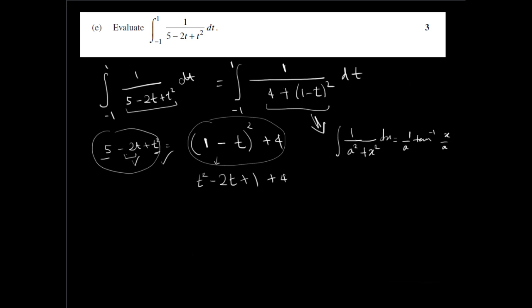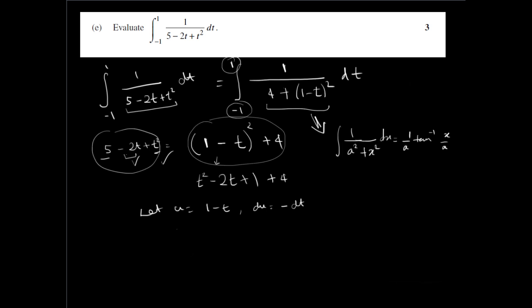Okay. So before we continue, I want to change these limits and write them in terms of a new variable, so let u equal 1 minus t. So du would be minus dt.